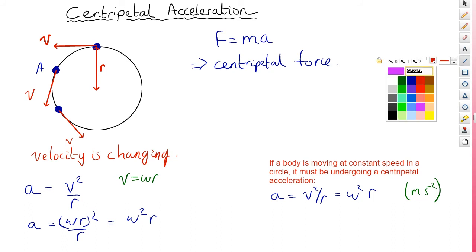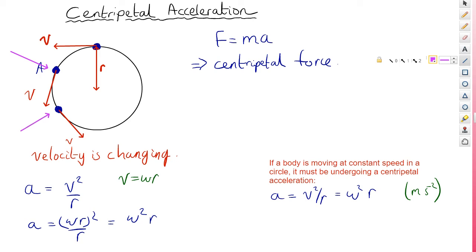Well, again, it's not obvious, but it turns out that the force has to be always directed to the centre of the circle. So at position A, if I want to change that direction in such a way as to make it go in a circle, I have to wallop it towards the centre of the circle. And the same at this next position, position B, I would also have to give it a clonk straight towards the centre of the circle, if I wanted to keep it going in a circle.